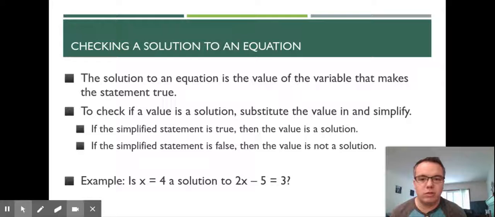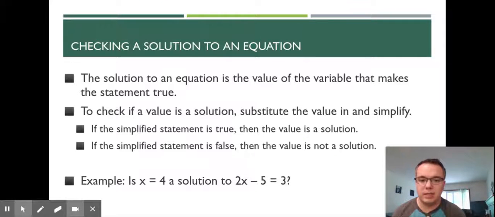All right, so to check a solution for an equation, we're going to plug in the value we're given for our variable, just like we did with expressions, and we're going to simplify. But in the end, we're going to have a statement, and if it's true, like you get something like 3 equals 3, then it's true, and that value is the solution. And if it's false, then that value is not a solution.